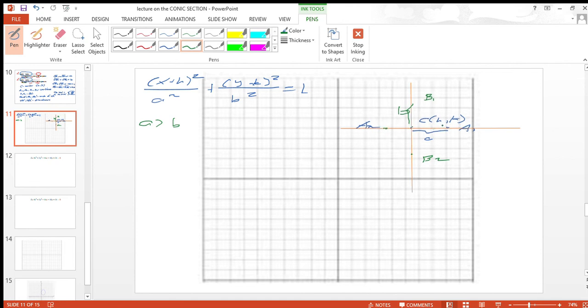So this is now F, and then let's say this is F1. Then center to F will have distance AE, where we have AE is the square root of A squared minus B squared.